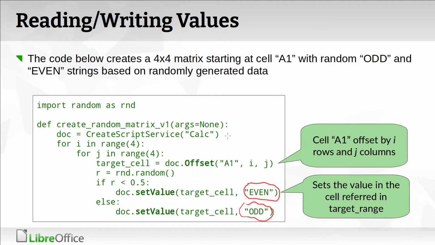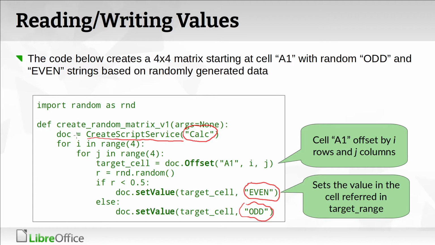So here we have the CreateScriptService method that comes from the ScriptForge library, and when we instantiate it using this method, it always refers to the currently open document, which is the document that triggered this macro.